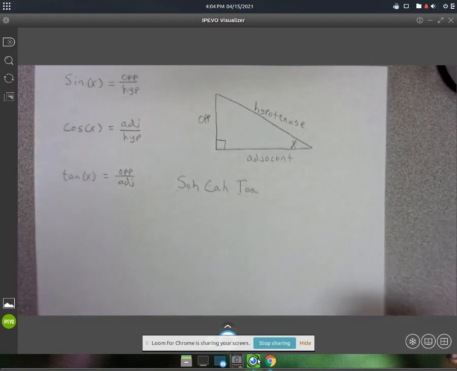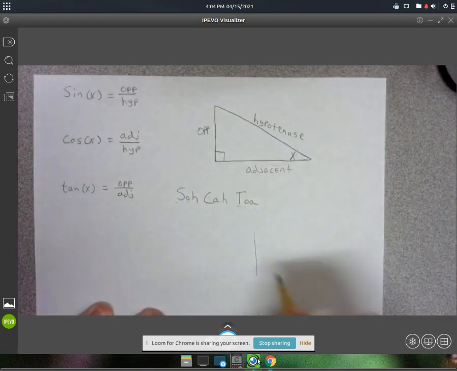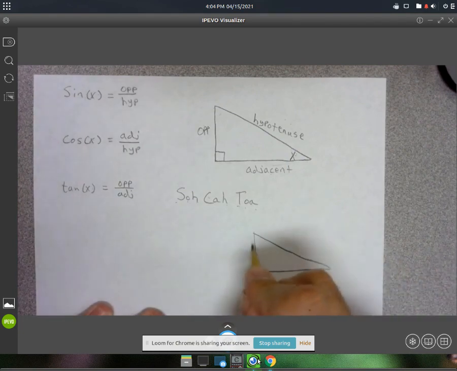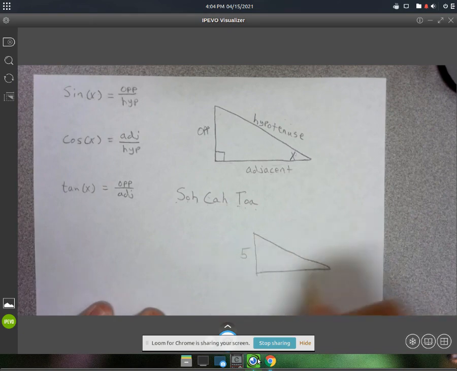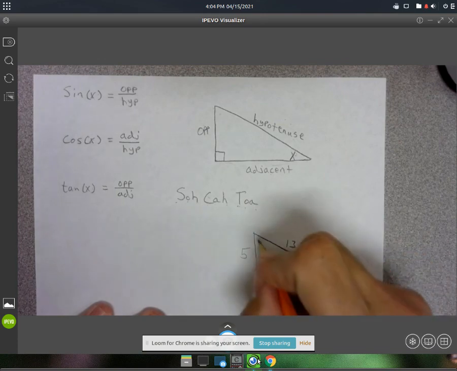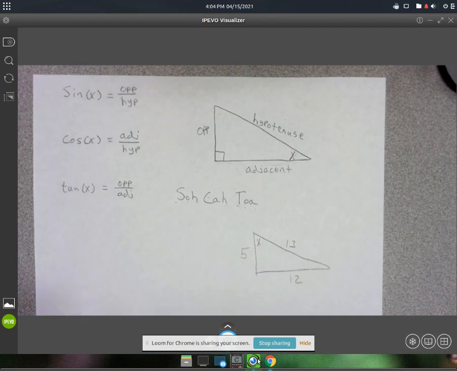So let's give an example here. I've got this random right triangle, and I'm going to use a triangle that I know exists, a 5, 12, 13 triangle, and I'll label this angle up here x.